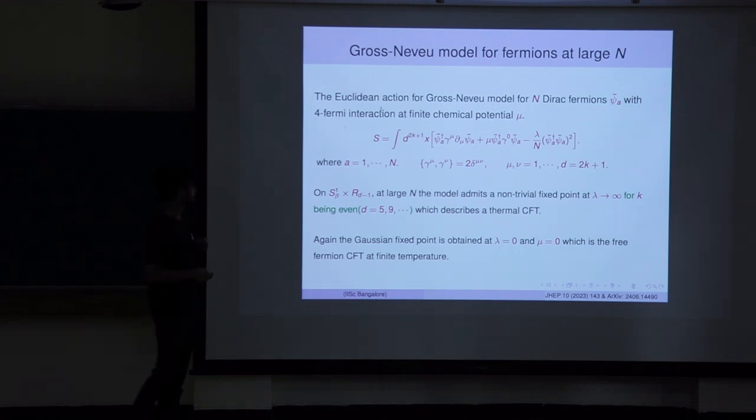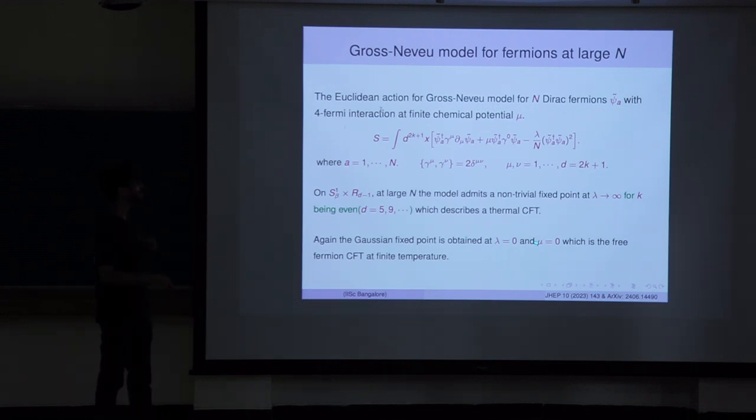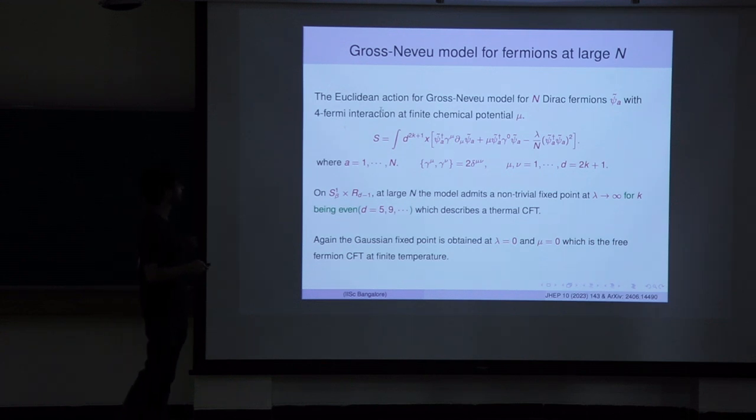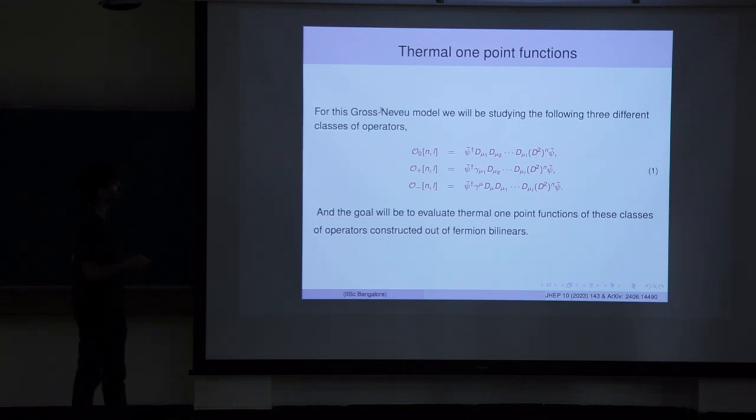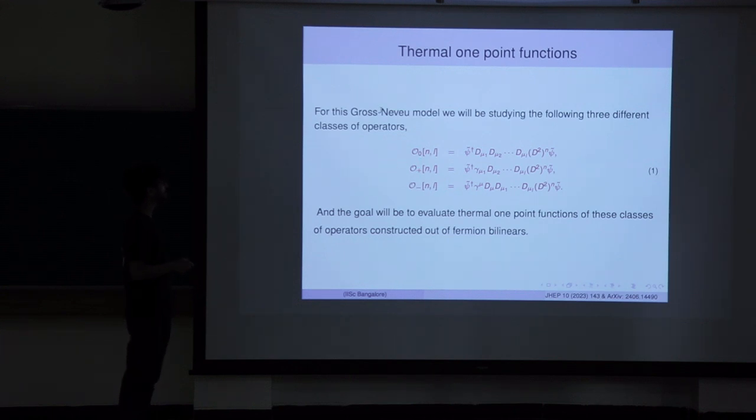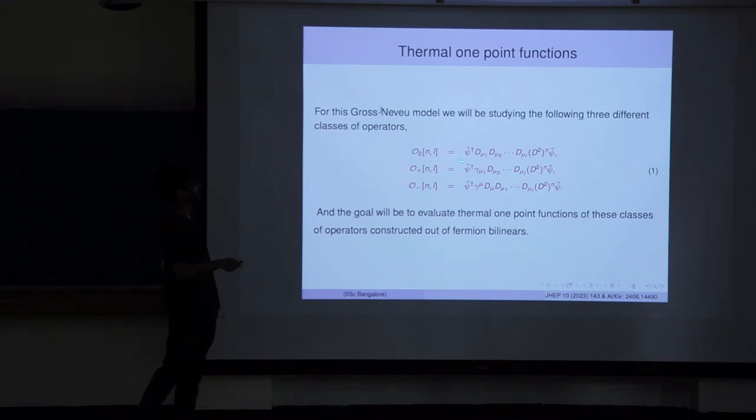Okay, so again lambda equal to 0 and mu equal to 0 refers to the free fermionic CFT. For this fermionic model you have various classes of operators in your theory. The first one is very similar to the bosonic operator. You have just L number of covariant derivatives and n number of the second covariant derivative.